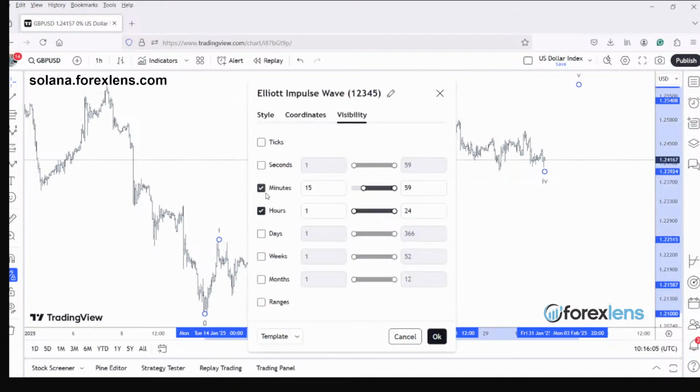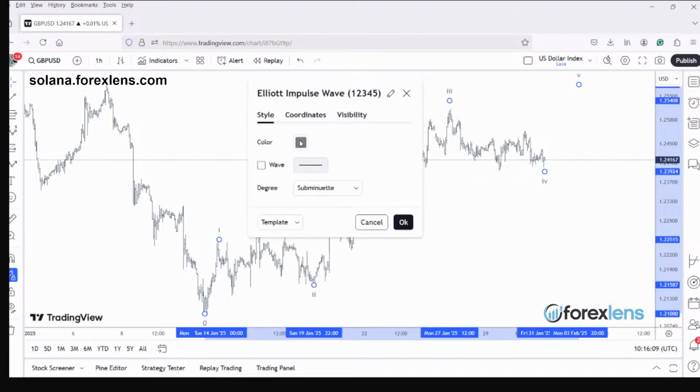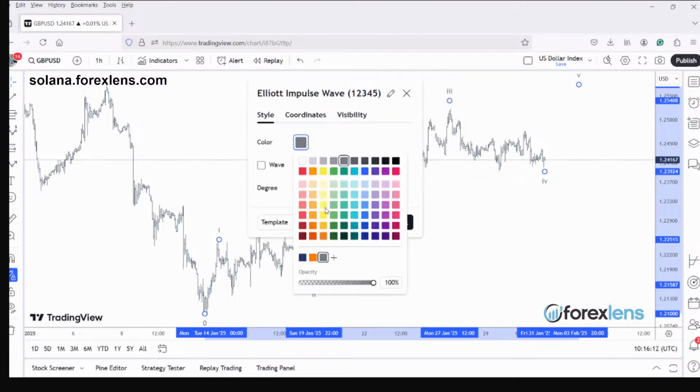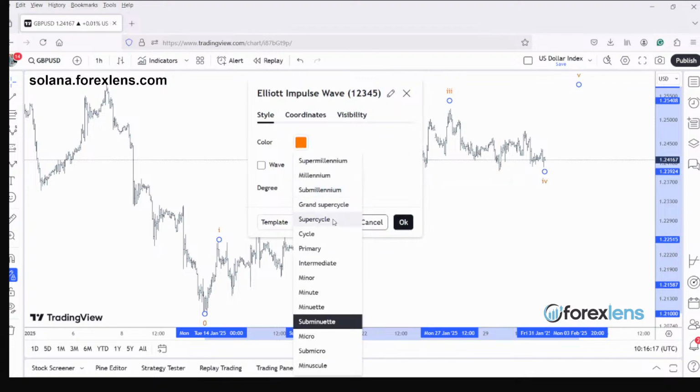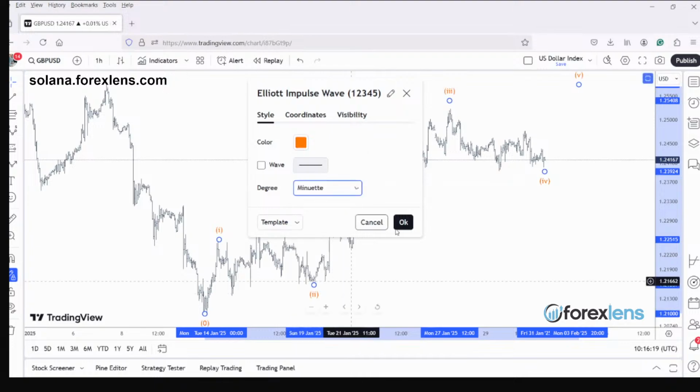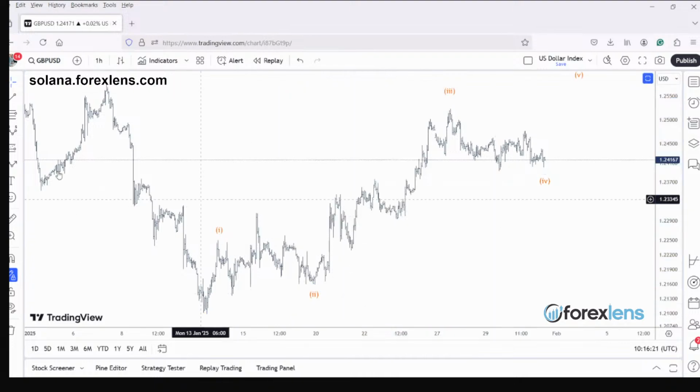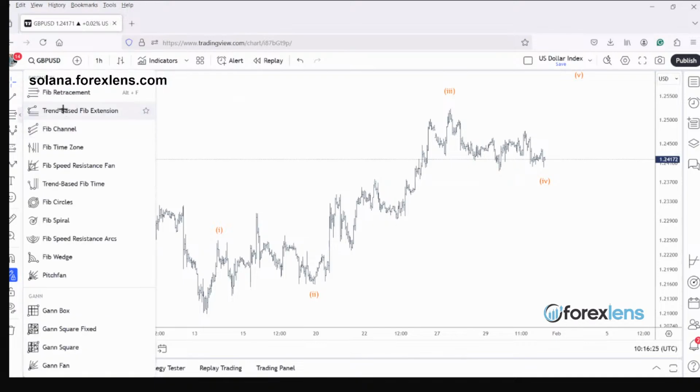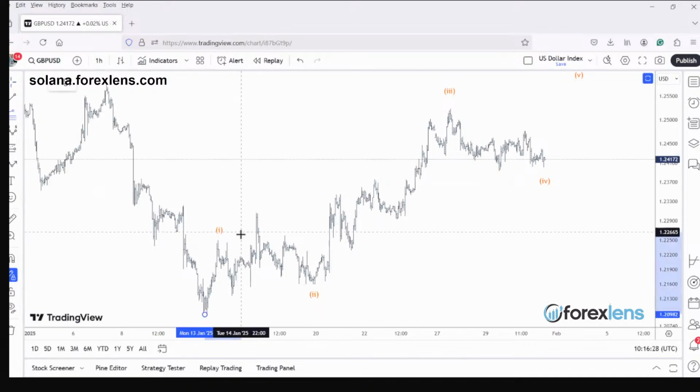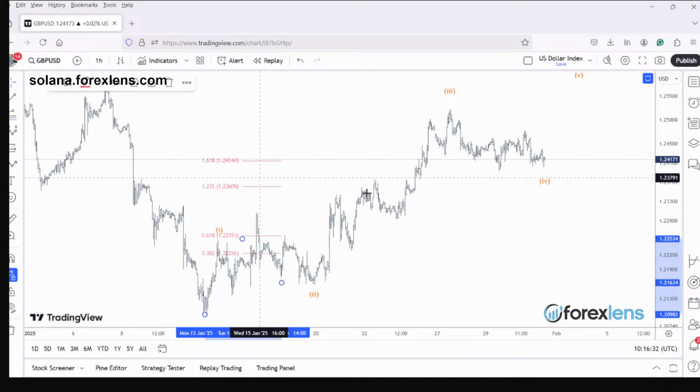Let's take some help of. Let me first change the degree to minute. That third wave is kind of extended. This one.